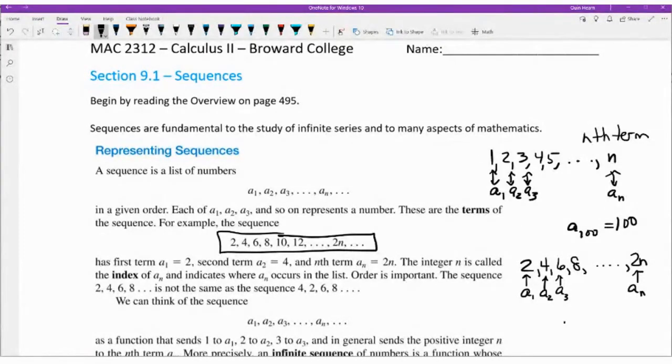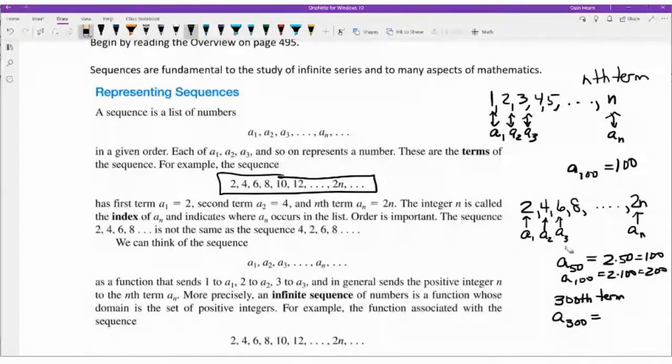So if I wanted to know what the 50th term in the sequence was, I would do what? That's right, 2 times 50, which is 100. If I wanted the 100th term, we know that's going to be 2 times 100, which is 200, and so on. The 300th term would be 600.